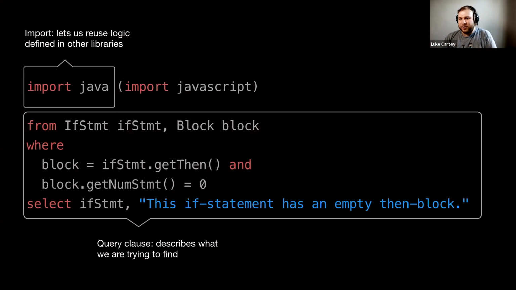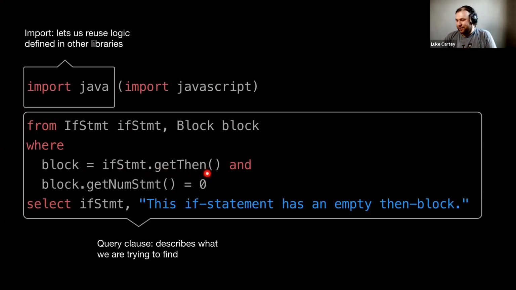Now the where clause allows us to specify some conditions on these variables and combine these with logical operators such as and. Here we provide a condition that specifies the block variable is equal to ifStatement.getThen. There are two important aspects here. So firstly, the ifStatement.getThen. This shows the object-oriented nature of CodeQL.